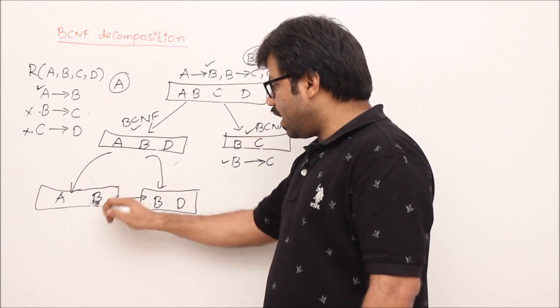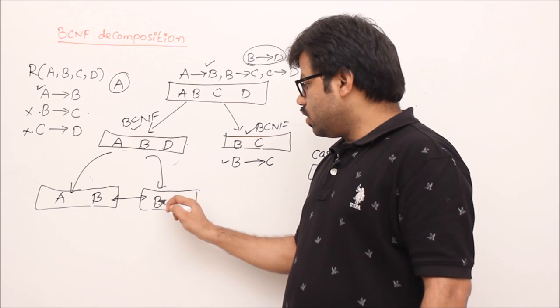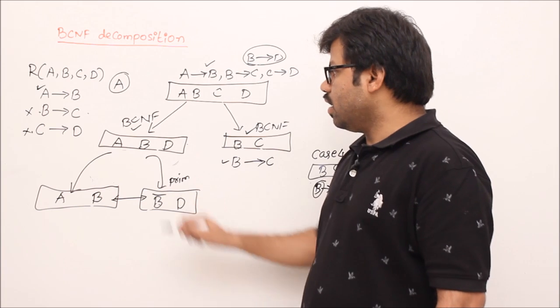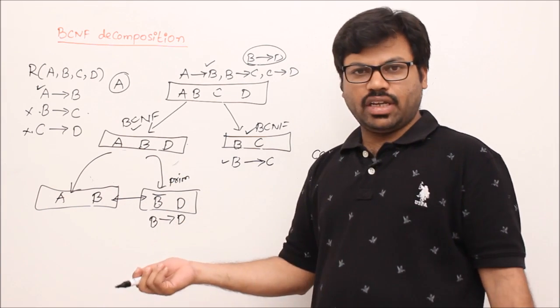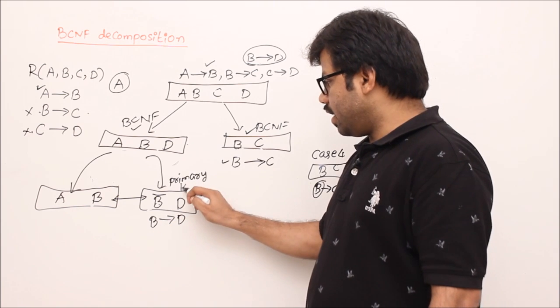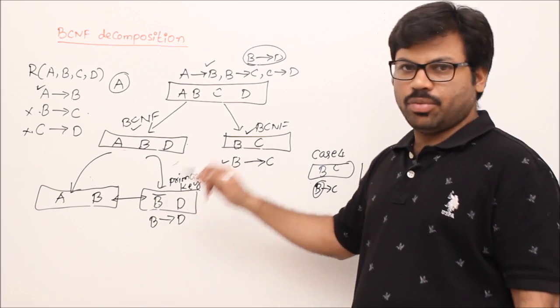Sir, how can we link two tables in reality, that means in implementation? Simple. This B will become a key attribute, that's why it will become primary key. See here, we have a rule B to D, right? Whenever you have B to D, then B is a super key. So we can make this B the primary key in reality. Just remember it, because B is determining all the attributes of the table.